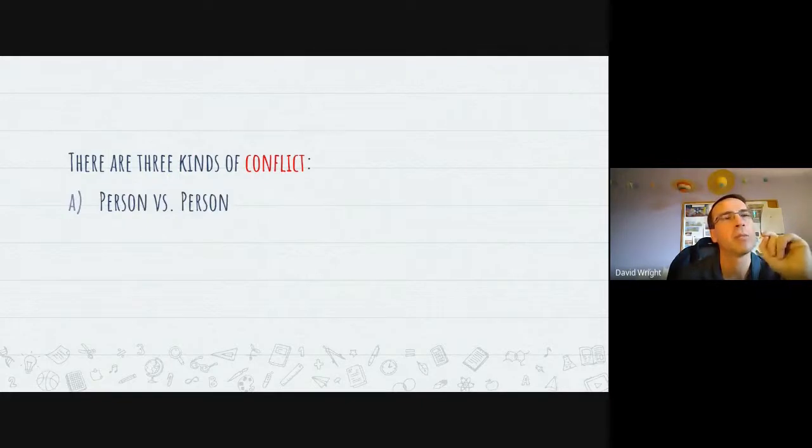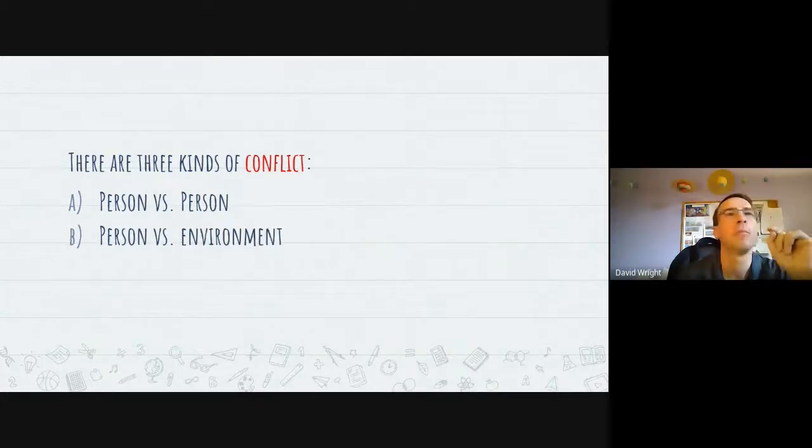The first one is person versus person. If a person is in the field and then another bad person comes along, that would be a person versus person conflict. Person versus environment. Say that same person is in the field all by themselves, but then the bee comes along and stings them. That would be a person versus environment conflict. There's no other person, he's all by himself.